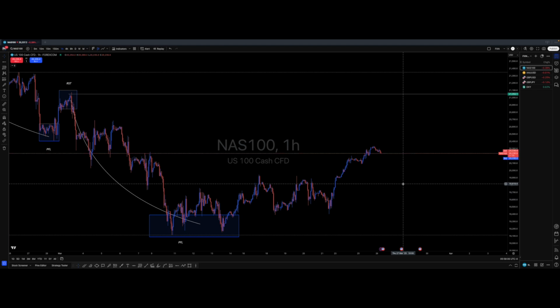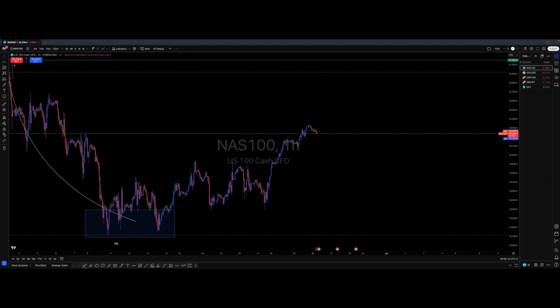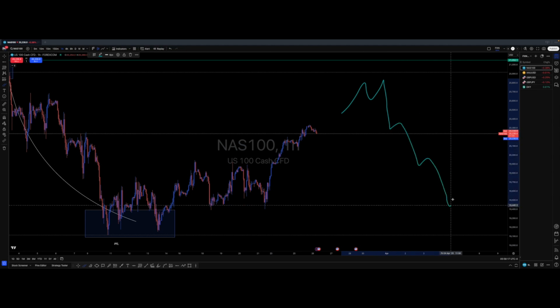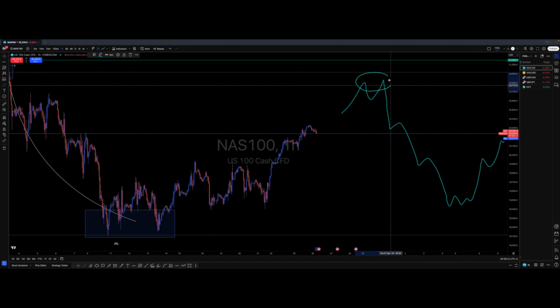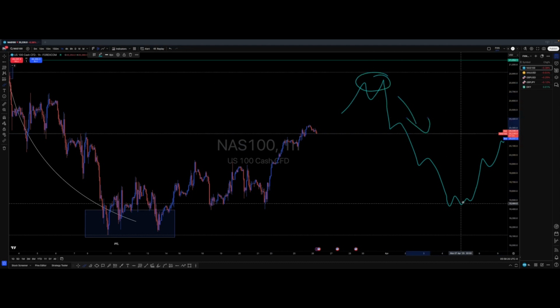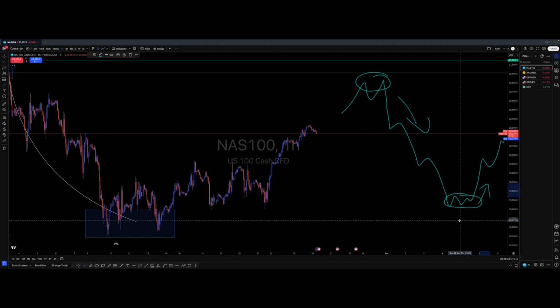You can literally just look for a new peak, trade away from it, wait for another peak to form and trade away from it. I suggest most of you keep it that simple because this is all that you need.